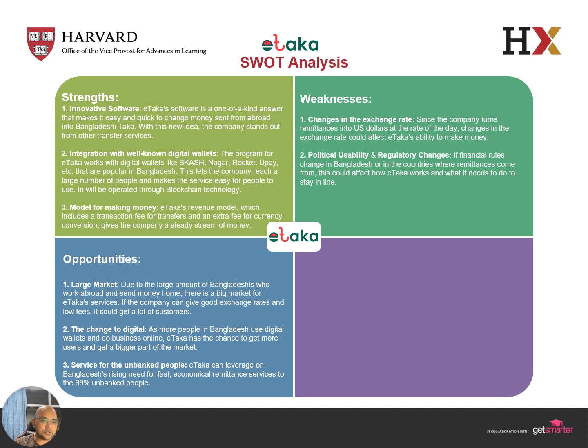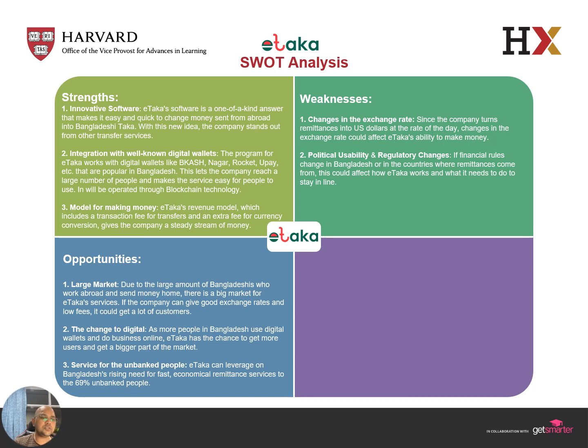Let's see the opportunities. Opportunity, as I told, it will capture the unbanked people, which is a huge number. It will target almost all Bangladeshi immigrants, so it's a large market. The change to digital, so it's easy, no more paper currency, no more illegal transaction, no more time consumption.